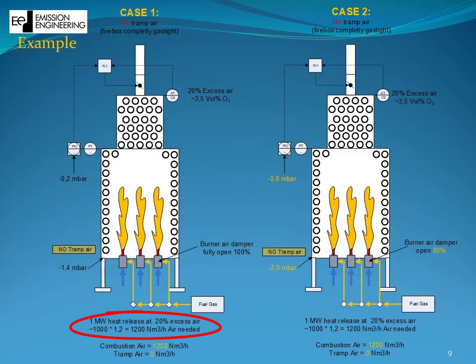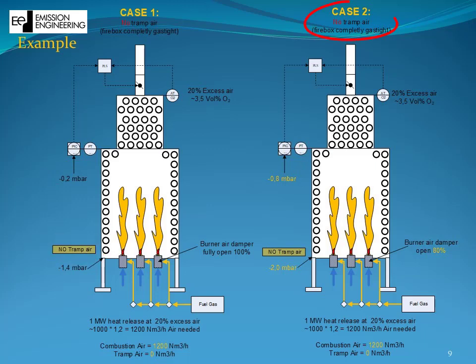With 20% excess air, this makes a total air required of 1200 Nm³ per hour. As seen in case 1 to the left, when operated at design draft, the total of 1200 Nm³ comes in through the burner as there is no tramp air.